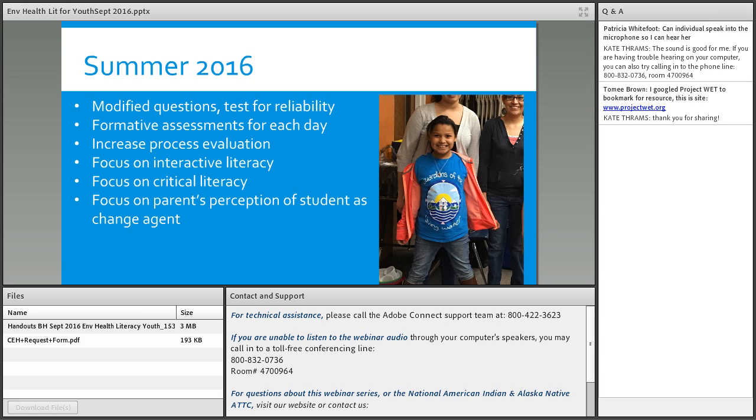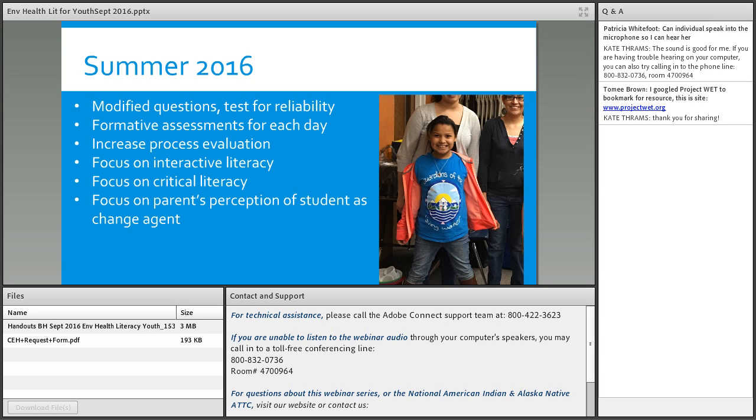And I was fortunate to have a master's student who was really interested in this idea of students as agents of change. And so she also helped us refine this more, and we developed some interview questions for the parents to really look more deeply at the parent's perception of the student as an agent of change.